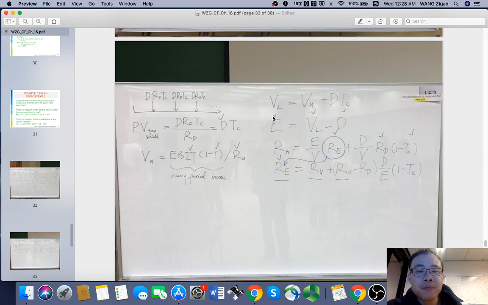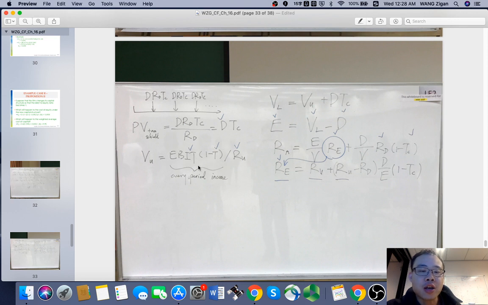So what is the firm value of the levered firm? The firm value of the levered firm will be the unlevered firm's value plus this addition, DT. And what is the unlevered firm's value? Because every period your cash inflow will be EBIT times 1 minus T. In case 2, we assume that there is a tax rate.